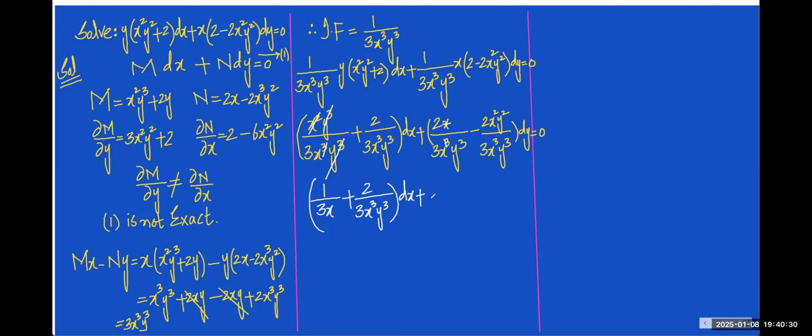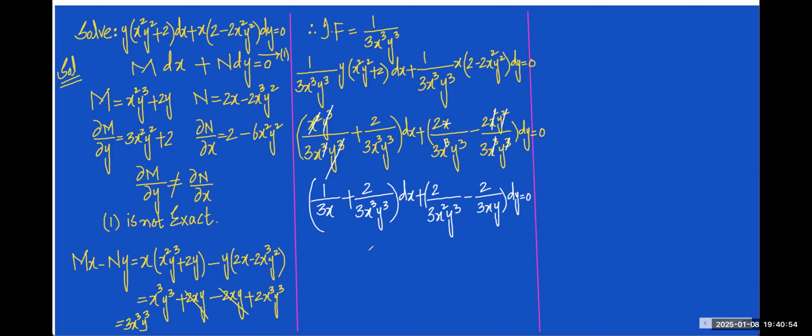That's it. 2 by 3x square y. Minus, one term cancels, one term cancels. 2 by 3xy left off into dy is equal to 0.